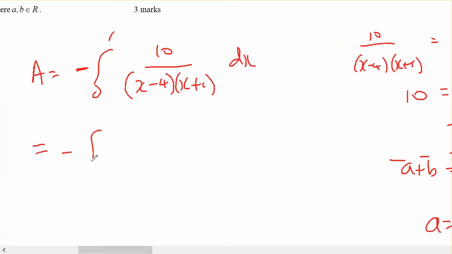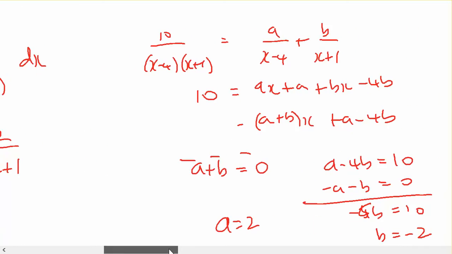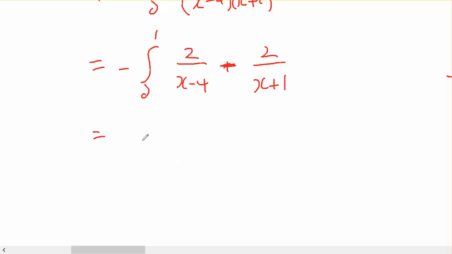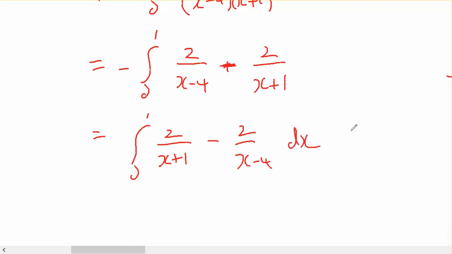So I've got negative integral from 0 to 1 of 2 on top of x minus 4 minus 2 on top of x plus 1, since b was negative 2. So I might put that negative inside and turn that into positive 2 on top of x plus 1 minus 2 on top of x minus 4 dx.